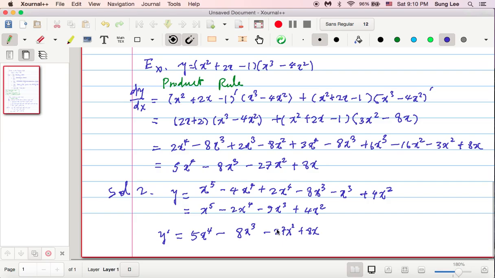So by looking at this, you see that this second solution is easier, right? Simpler, okay, than using the product rule. So then you might say, what's the point of using the product rule? Actually, the product rule is not just for this kind of function.